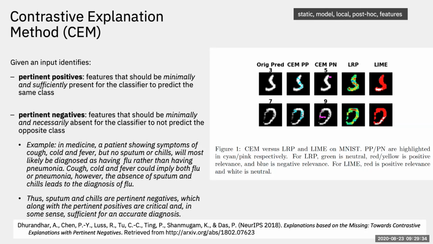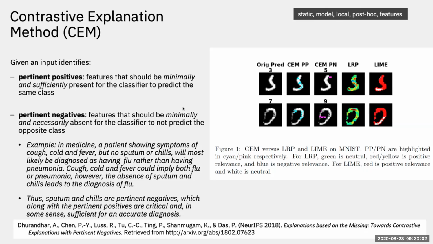You can rightly see that this red part of the features is very important to distinguish 3 from 5. If we don't have pertinent negatives, as in the second column, only with the cyan features, then yes, of course, it can classify 3, but it cannot contrast with other possible digits like 5.